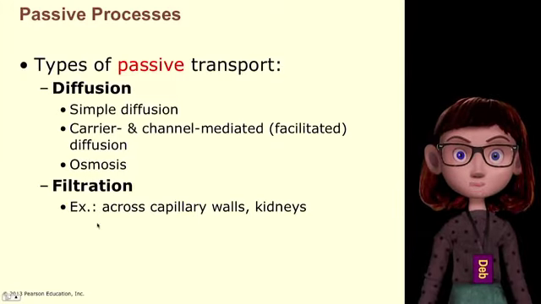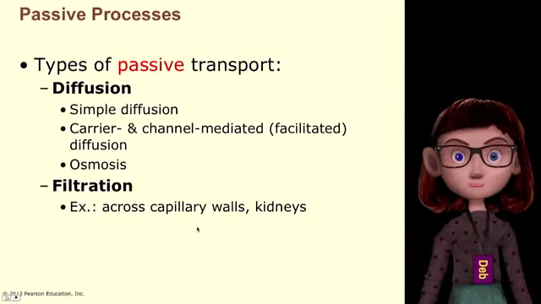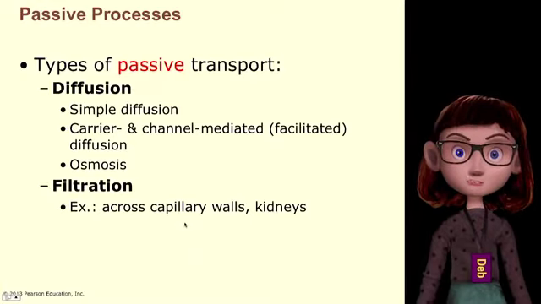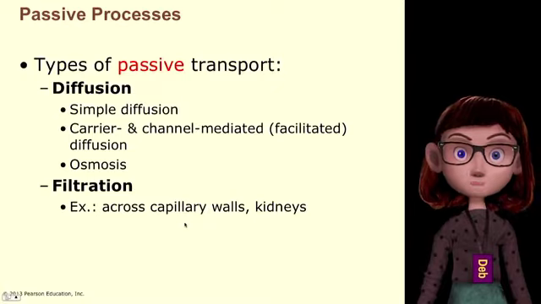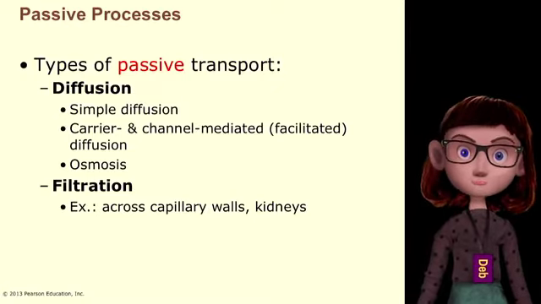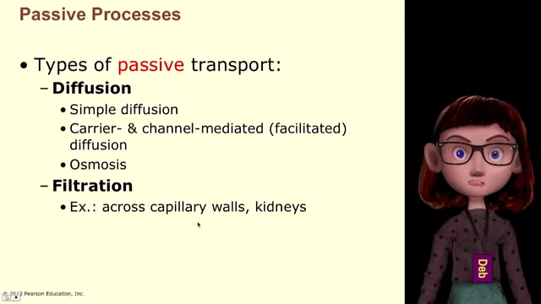This can cause some water to filter out into the tissues, especially if the capillaries become more permeable to water, like during inflammation. We will be talking about that a little bit later when we get to the lymphatic system.